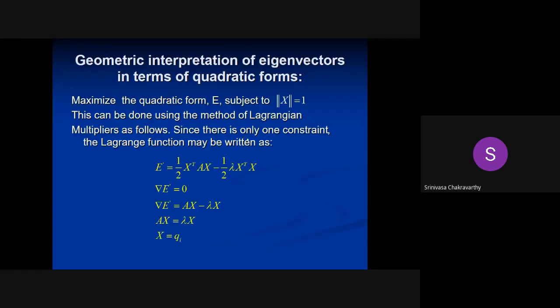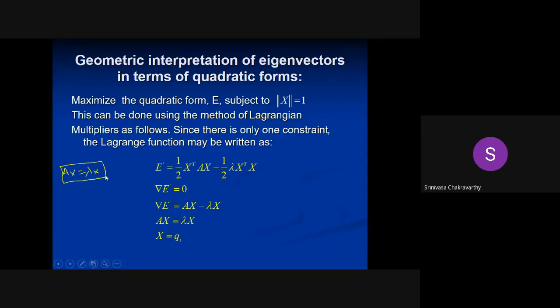And you can use this method for some other interesting problems. It's the same problem which you have seen before, the problem of finding the eigenvalues or eigenvectors. You can pose it as a constrained optimization problem, which gives you a new geometric interpretation. Normally to find eigenvalues and eigenvectors, you just say Ax equal to lambda x and solve it.